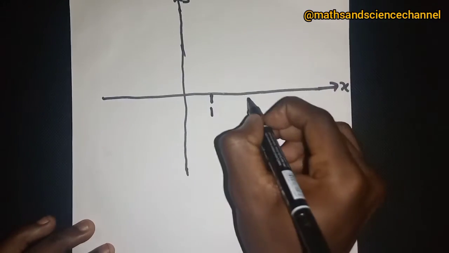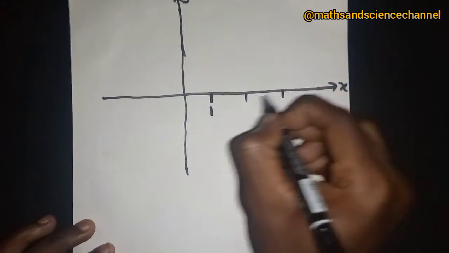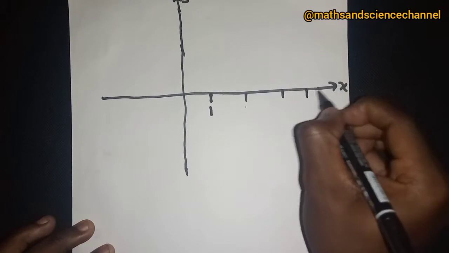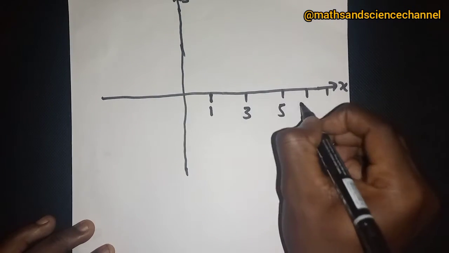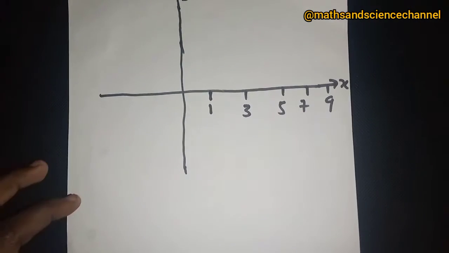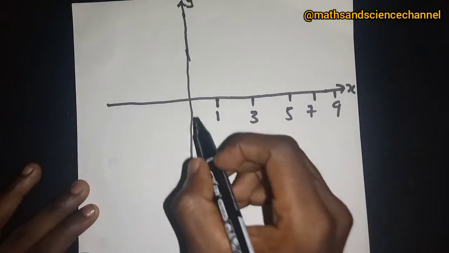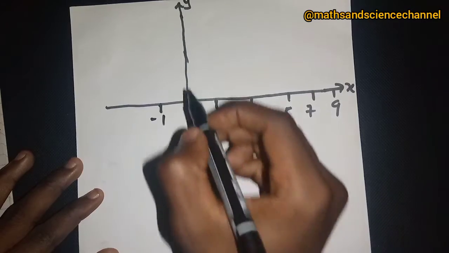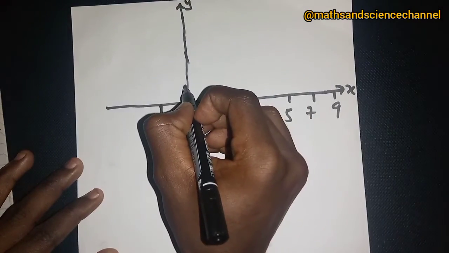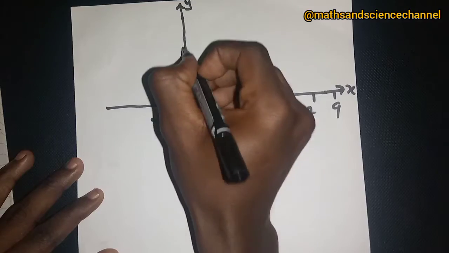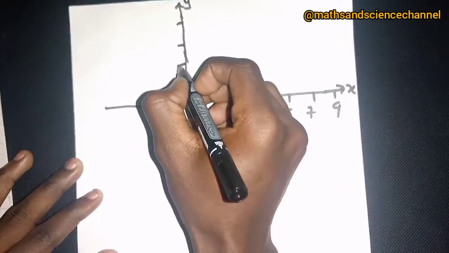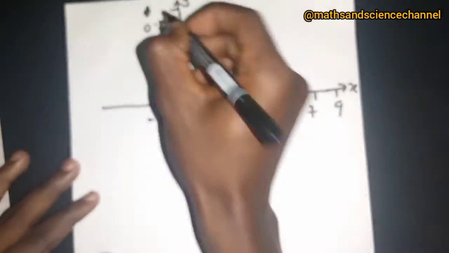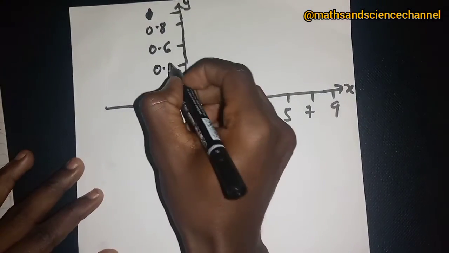So let's call this 1, then 3, 5, 7, and 9. In graphing a function, we have -1 here. Over here too, we can have 0.2, 0.4, this is 1 here, 0.8 here, 0.6, and then 0.4.